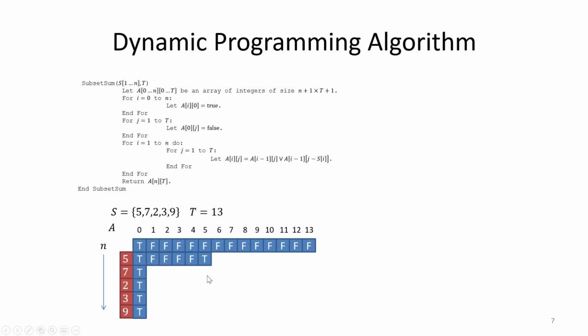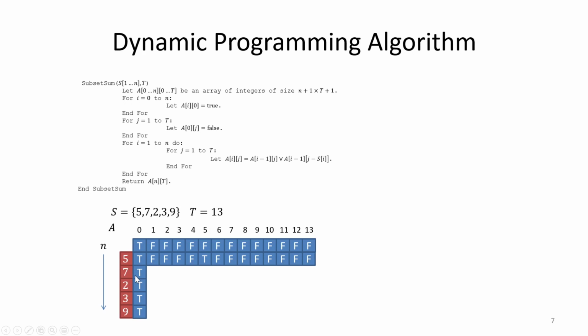And so we see a true showing up here telling us that, considering only the first element, our set containing only 5, we can make a subset that adds up to 5 by picking the 5. But we can't do it for any other sums. We can now see that our two subproblems moving in lockstep to the right are only going to encounter falses for the rest of the time. So false or false is always false. On the next row, we now have an offset of 7.